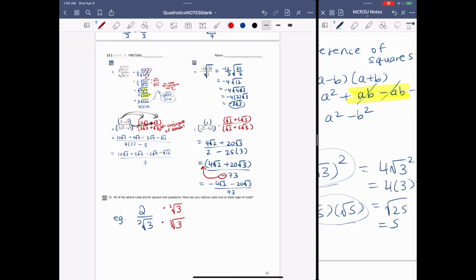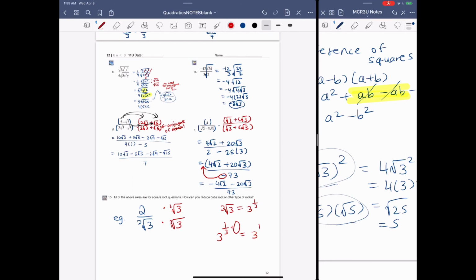No, not really. Because think of how I said before that cube root 3 is the same thing as writing 3 to the 1 over 3. And so, if I want 3 to the 1 over 3 to become 3 to the 1, what would I need to add to that?